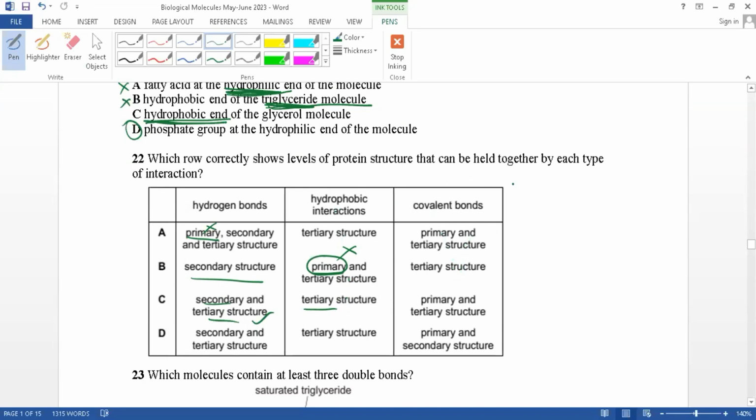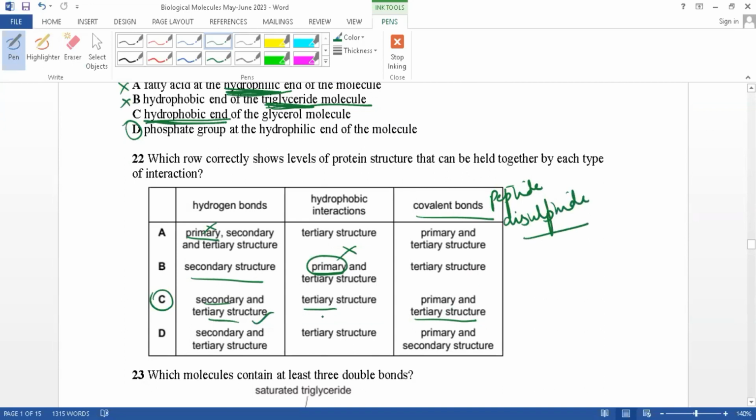which can be held together by each type of interaction. So primary has peptide and tertiary has disulfide linkage, that is correct. Covalent bonds, which are peptide in the primary and disulfide in the tertiary.